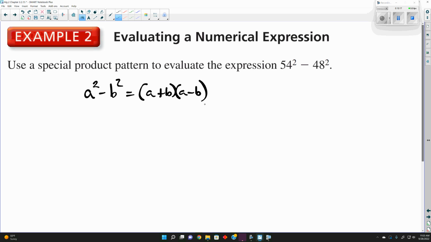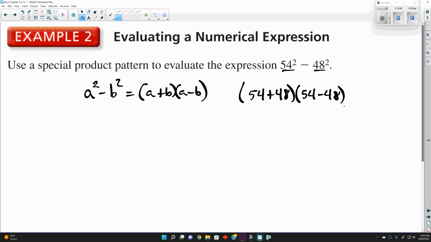Well, here our a and b are 54 and 48, yes? So we could say that we have 54 plus 48 times 54 minus 48. And we'll simplify from here.